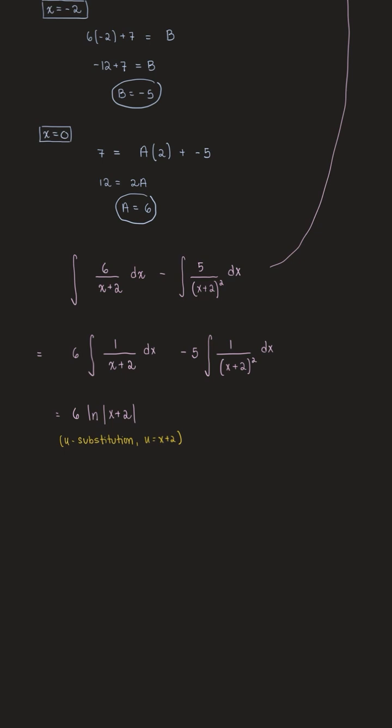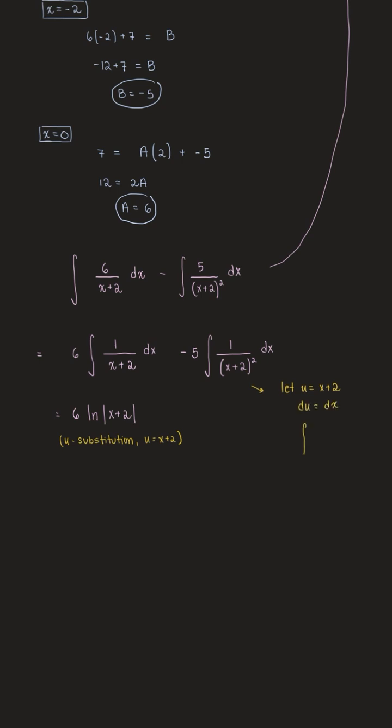And the integral on the right, well, this is (x + 2) to the negative 2 power. So we could do another u substitution here. Let's let u be x + 2. Then du is exactly dx.